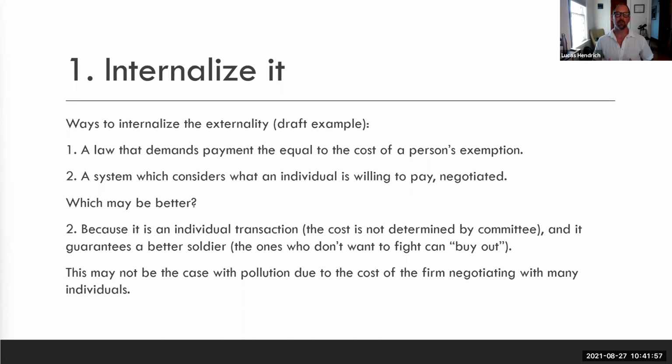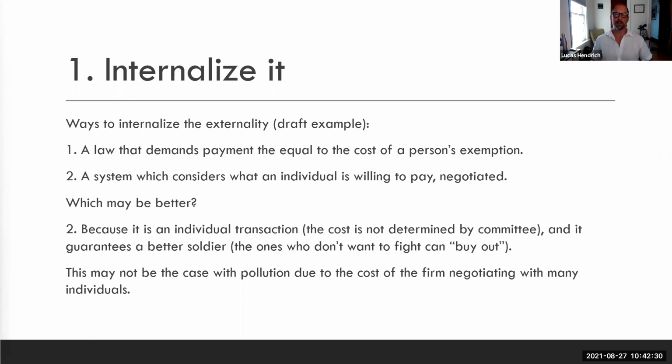You can imagine a couple of different ways to internalize the externality of a military draft. Again, the military draft is just the bad thing we want to deal with here. One would be a law that demands payment equal to the cost of a person's exemption, in which case some committee is going to determine what that cost is. Two would be a system that considers what everyone is willing to pay and everyone can negotiate that.